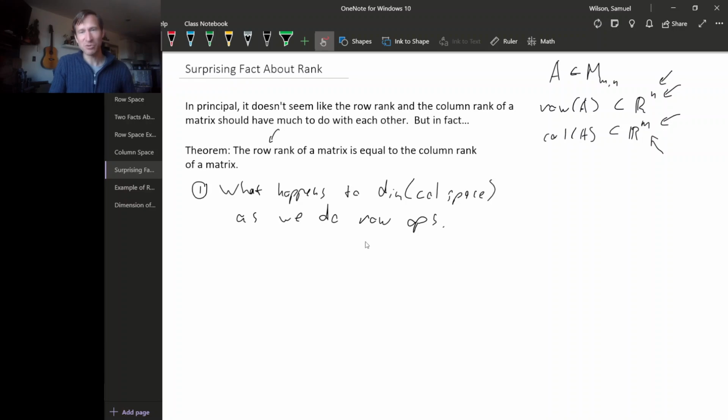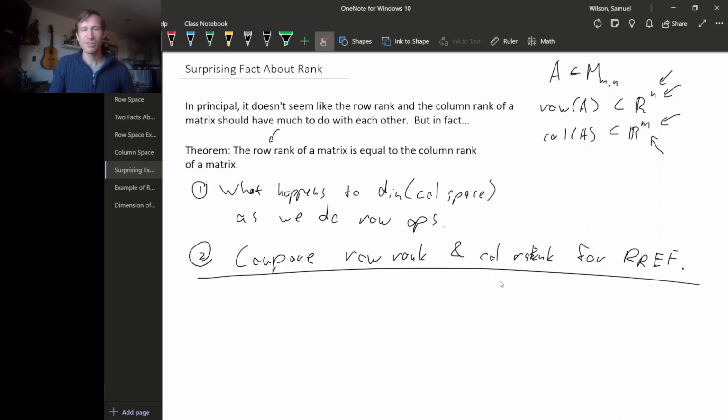So as we do that, we'll keep track of the dimension of the column space, and then once we've gotten to reduced row echelon form, we will compare the row rank and column rank for the matrix in reduced row echelon form. Okay, so two-step process. So first let's do step one.